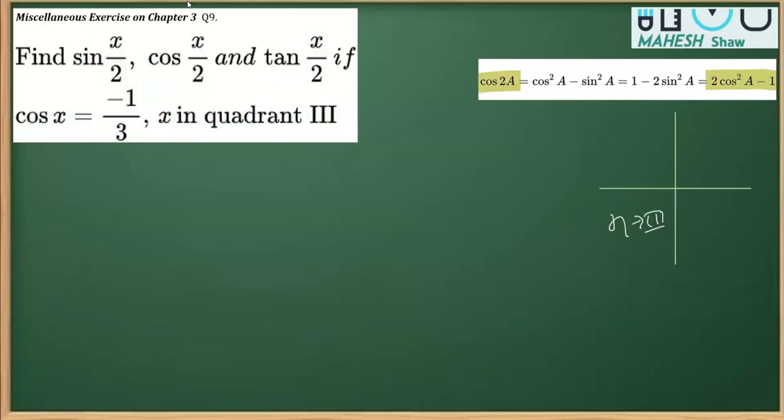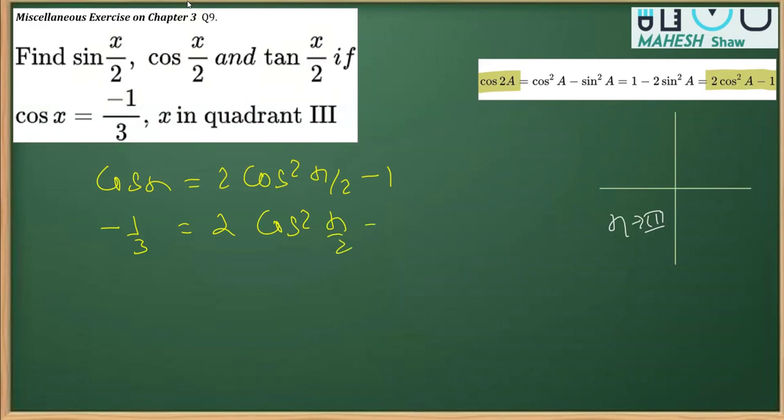Applying this identity, cos x should be 2 cos square x by 2 minus 1. If I replace cos x with its value, minus 1 by 3, it is minus 1 by 3 equals 2 cos square x by 2 minus 1.